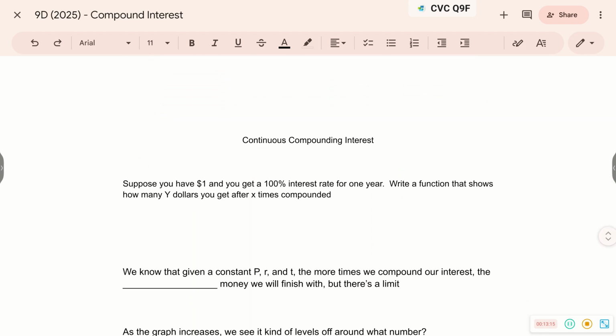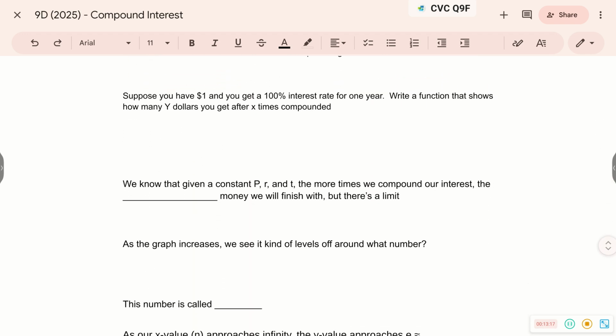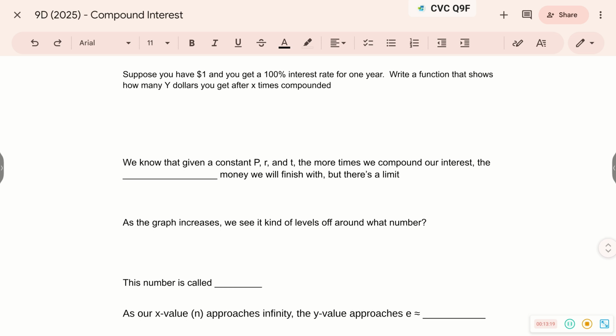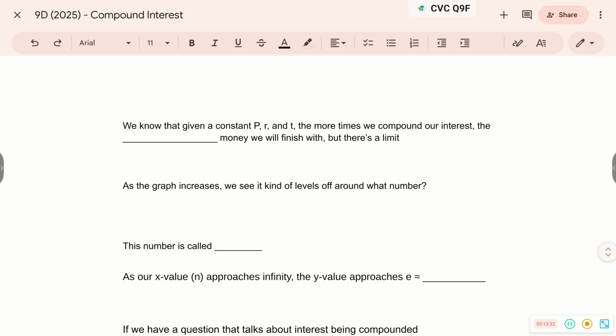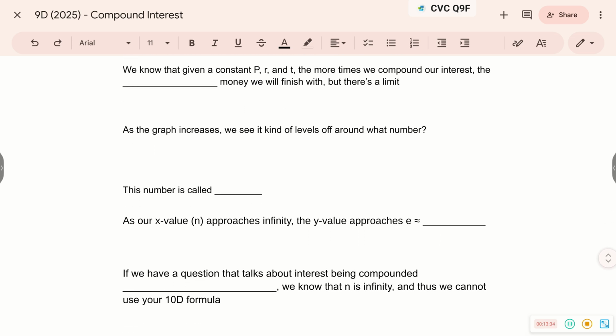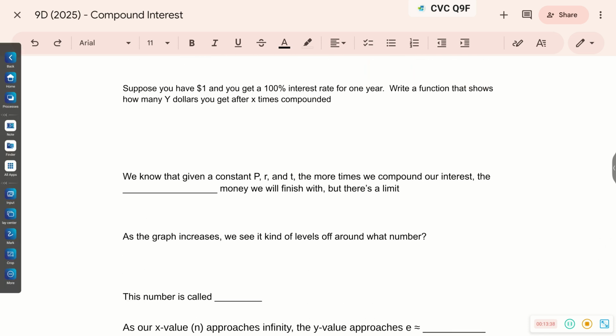Okay, continuous compounding. If we have $1 and we get a 100% interest rate for 1 year, a function that shows how many dollars we end up with when compounded.